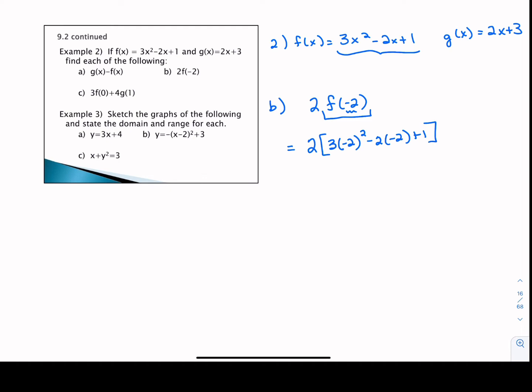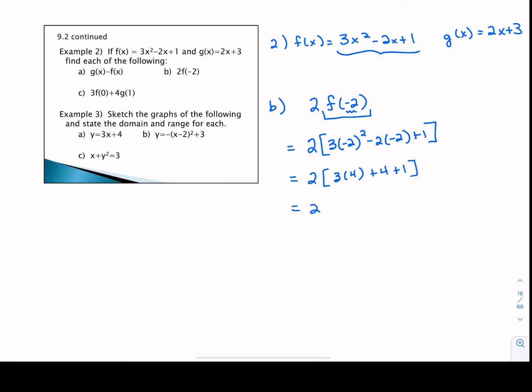Again, that's inside square brackets, so we want to make sure that we evaluate inside first because we know BEDMAS rules. So leave that 2 on the outside, and on the inside we'll have 3 times negative 2 times negative 2, of course, is positive 4. Negative 2 times negative 2 again is positive 4, and then we're adding 1 here.